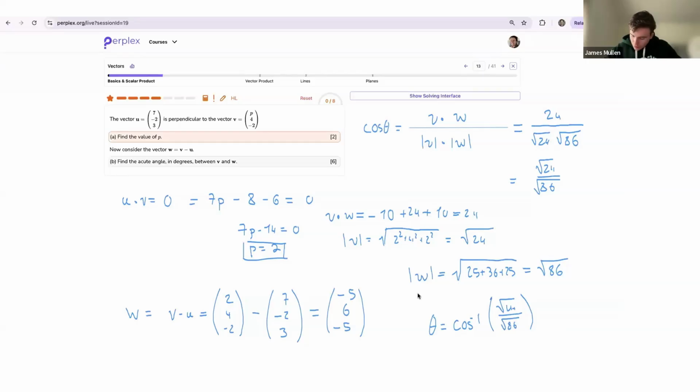And then I'm going to take out my calculator and check what that value is. And I'll tell you in 1 second. 24 square root divided by 86 square root. That gives me 0.528. And the inverse cos of that is apparently 58.1 degrees.